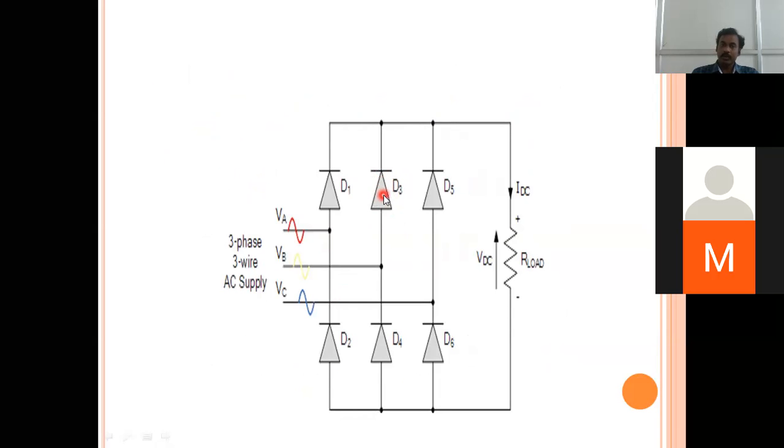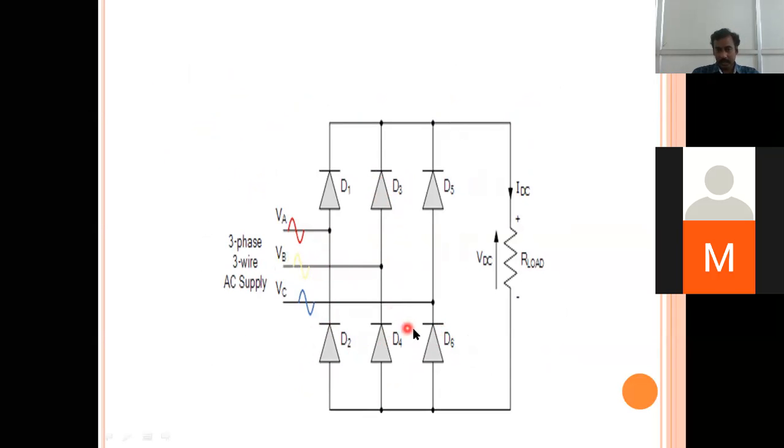This D3 is going to have the conduction in the negative provided for 60 degrees with this D6 and 60 degrees with D2. So ultimately what will happen? The resultant voltage is going to be this particular phase voltage minus the conducting phases.